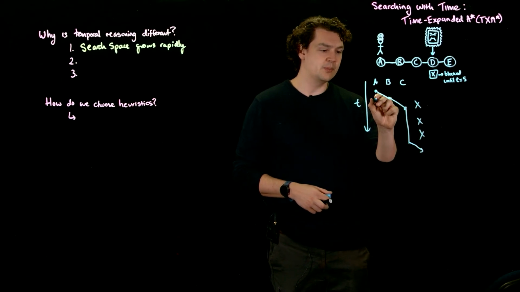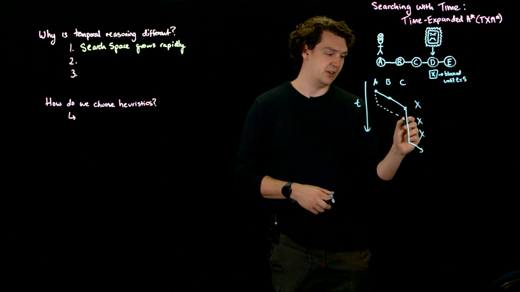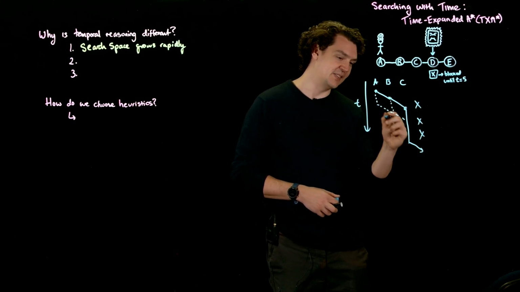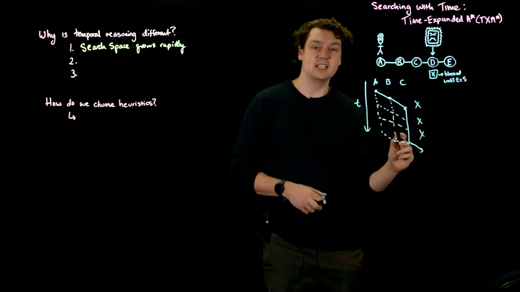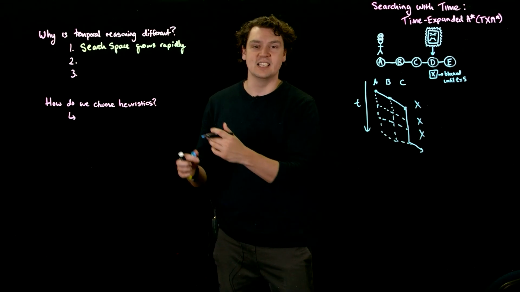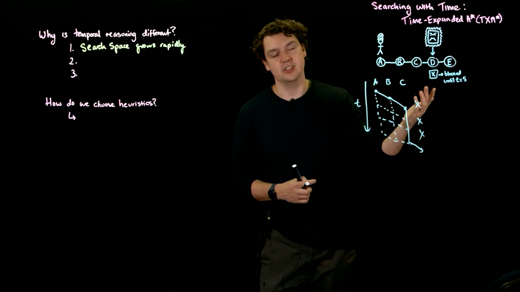Well, the same path, what happens if we wait one time step at A instead? Okay, then you see this. But what happens if we wait one time step at B first? Then we see this, and you start to see that there is this massive issue of symmetric versions of the same path where you are waiting at different locations, but they all correspond to you doing essentially the same thing.